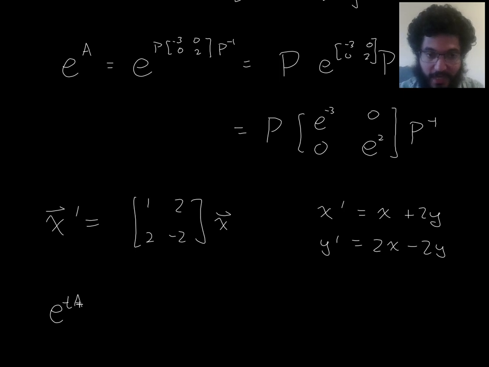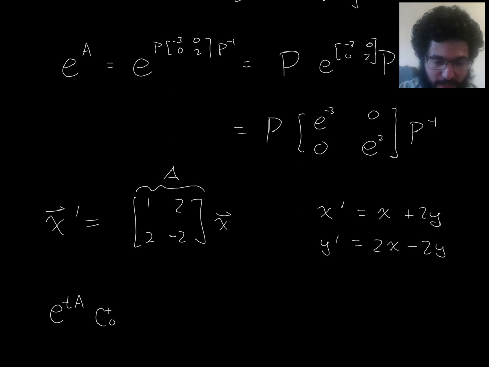So the general solution would be e to the t times this matrix. I have been calling this A. The general solution would be e to the tA times some vector of constants. That would be the general solution to this system.